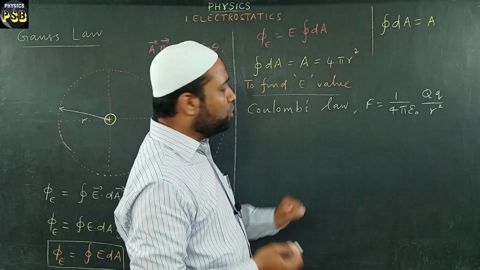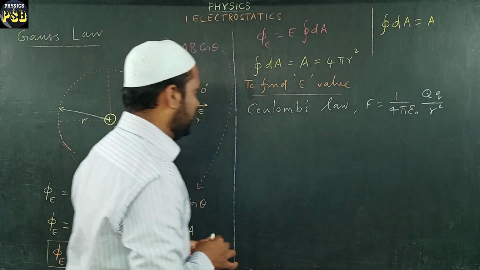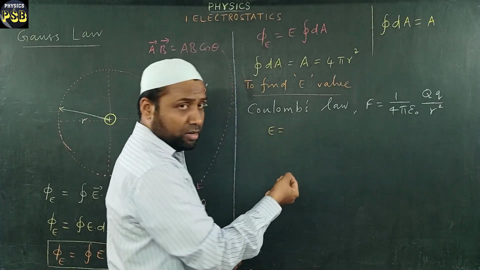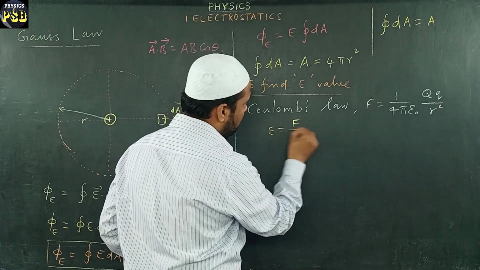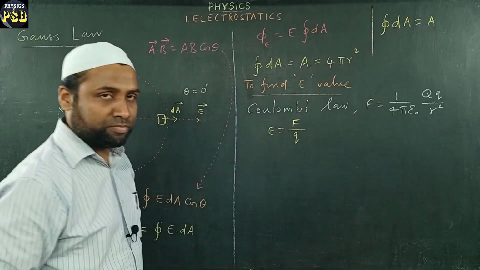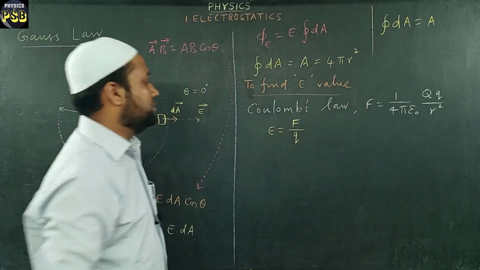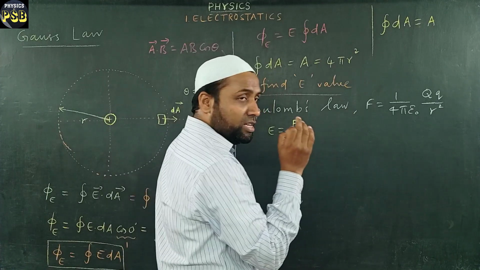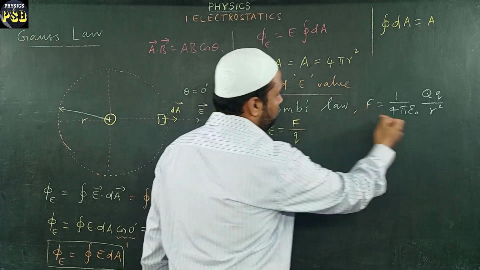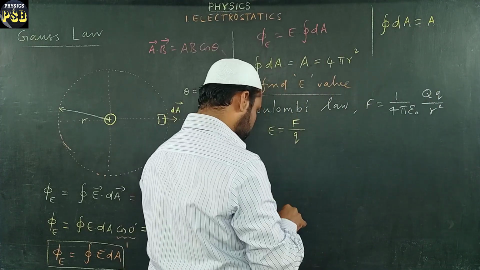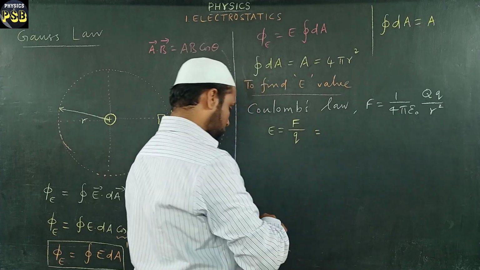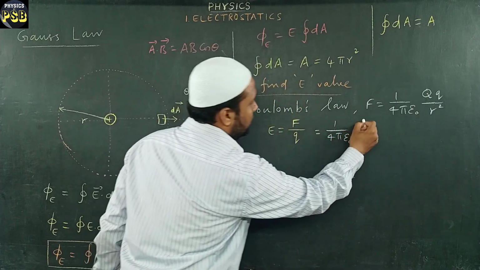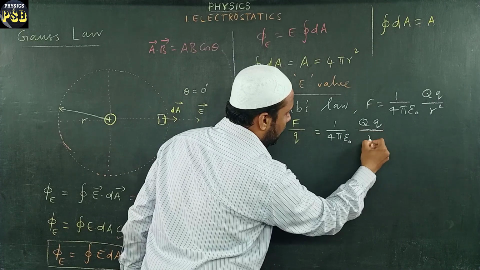Now, how to get E from Coulomb's law? Let me tell you. We know E, the electric field, is nothing but force upon charge. Now I am going to substitute the value of F from here. Very carefully, write the value of F. F is 1 by 4 pi epsilon naught, capital Q, small q upon r squared.